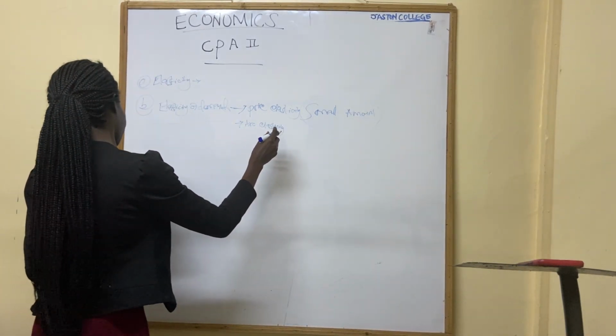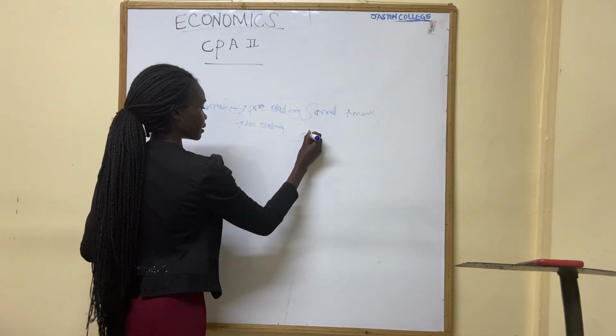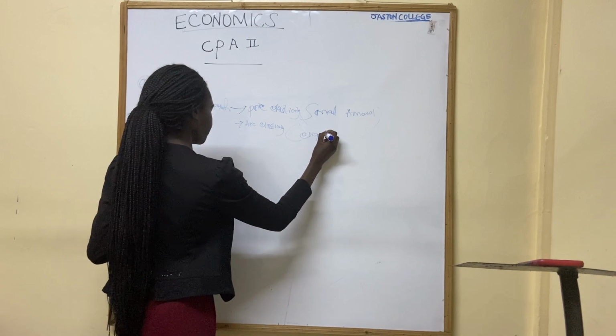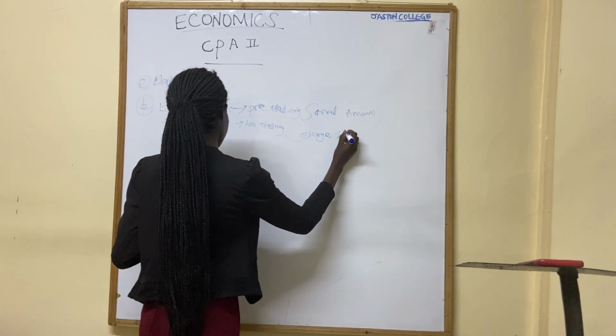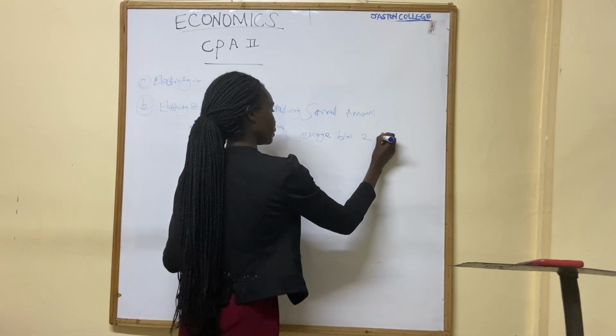And the second is arc elasticity, which is the average between two given points.